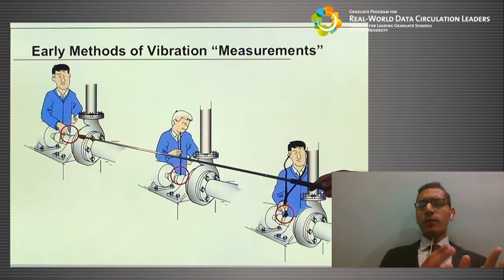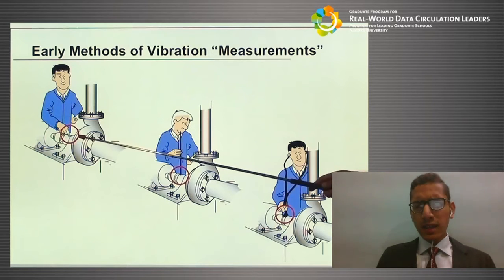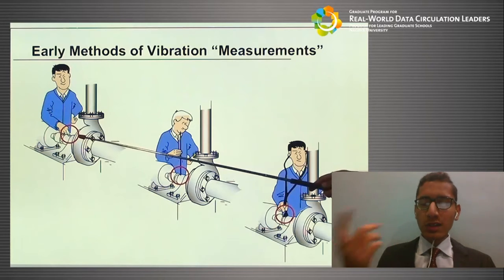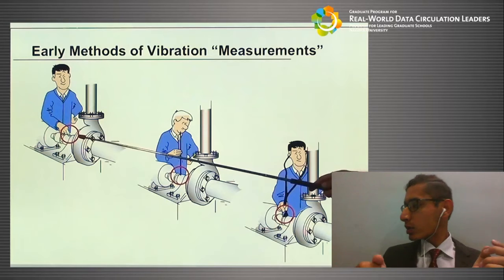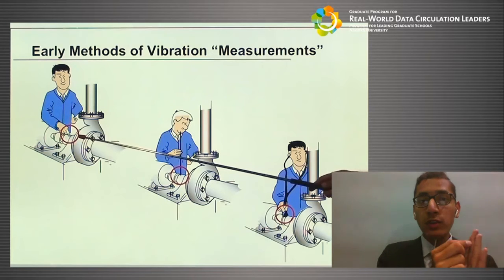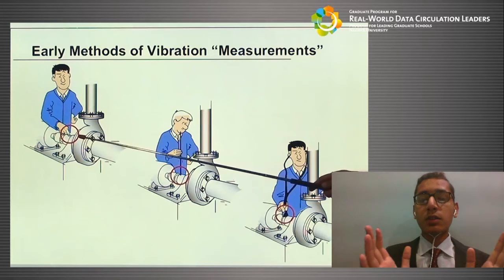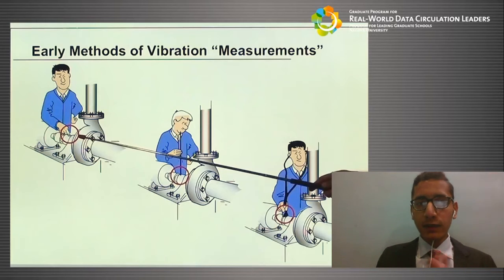The early methods of vibration measurements were, let's say, outdated for now, because back then we used to touch the machine to measure its vibration, and we could use a stethoscope or we could use a rod and put a rod on the vibrating machine to detect the vibrations, to measure them.